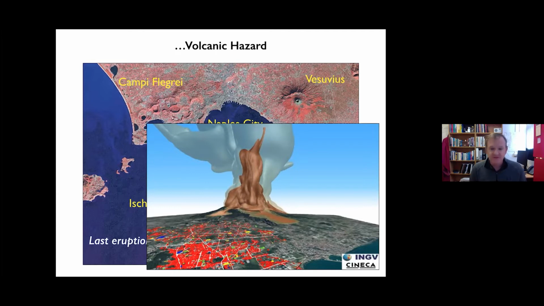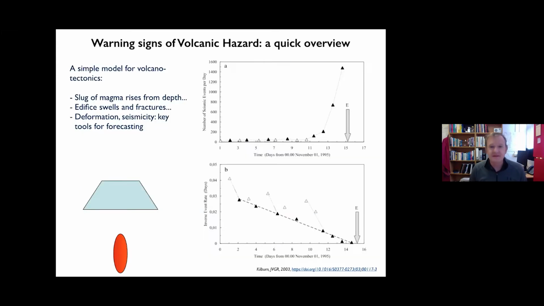But eruption forecasting, of course, is a big challenge for us all, and remains so. A simple model of a volcano-tectonic driven volcanic hazard, something like this: a slug of magma arises, accommodated by the edifice, starts to swell and fracture. The fracturing generates seismicity.